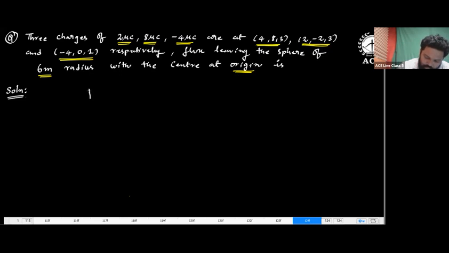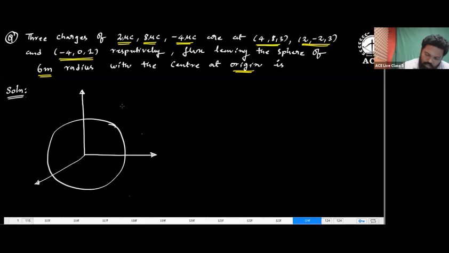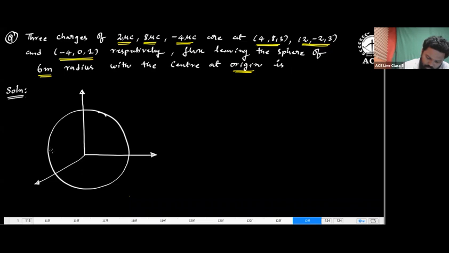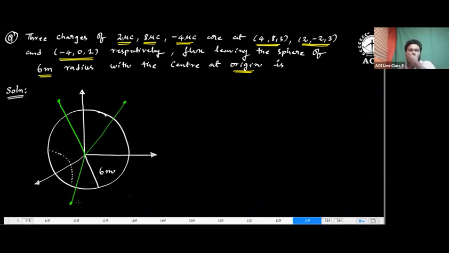Let us have some rough diagram. How can I convince that is a sphere? By putting dots here. And what is the radius of this one? 6 meters. There are three charges located somewhere here. We don't know their location. So it's asking what is the flux leaving this sphere?